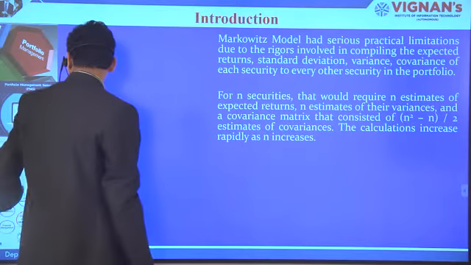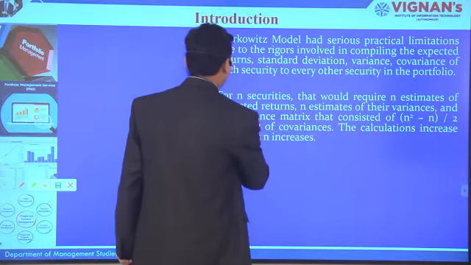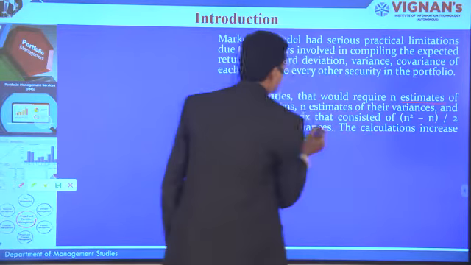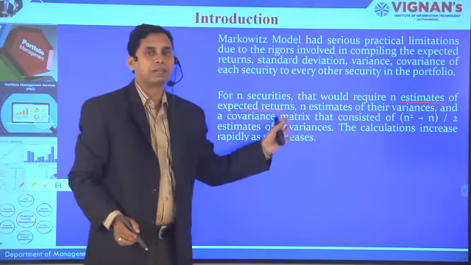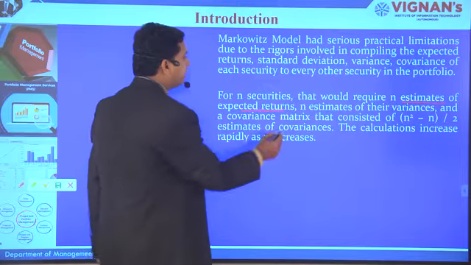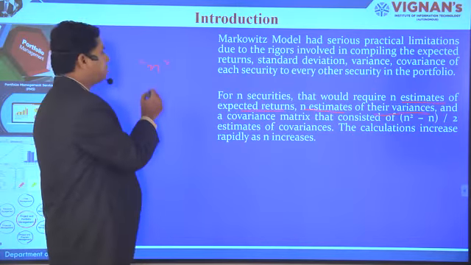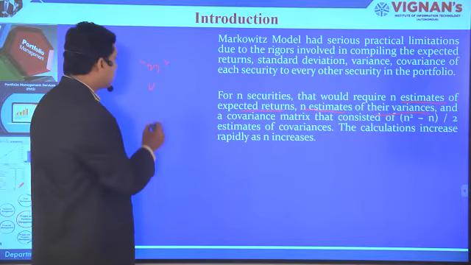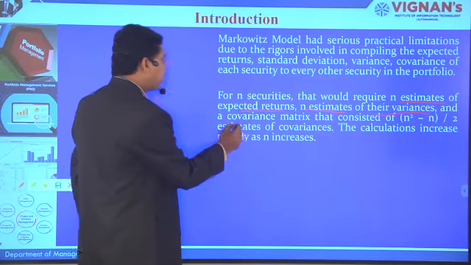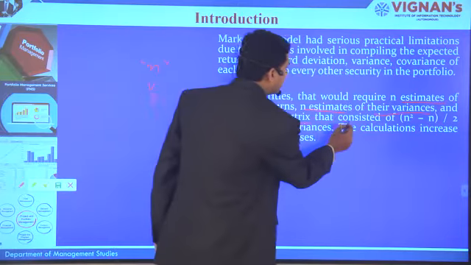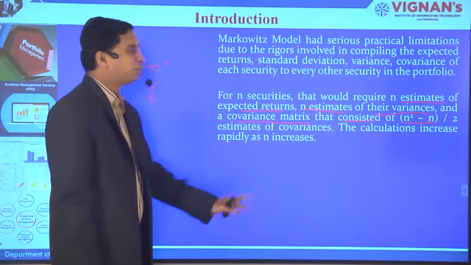For example, if there are n securities, you need n estimates of expected returns, and also n estimates of their variances. So the variances and the expected returns of all securities are required, and then also a covariance matrix consisting of (n square minus n) divided by 2 covariances.